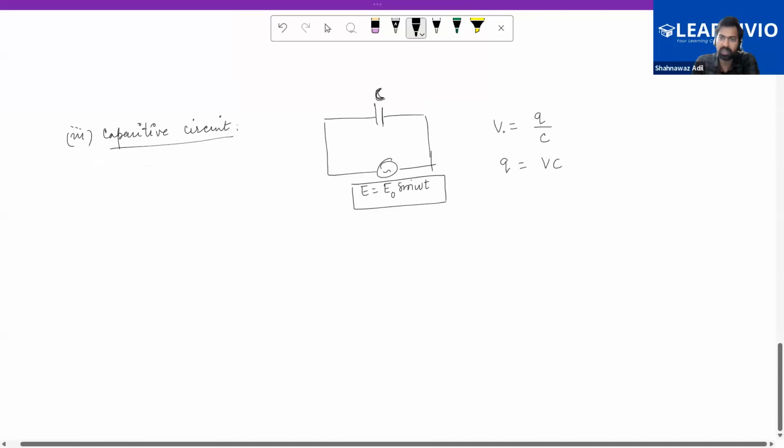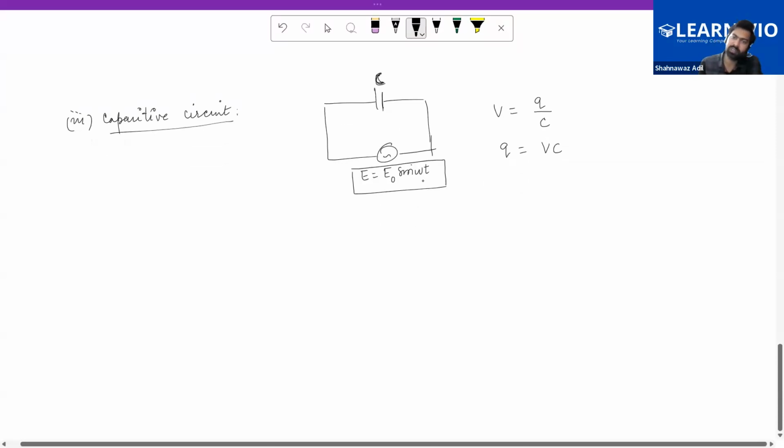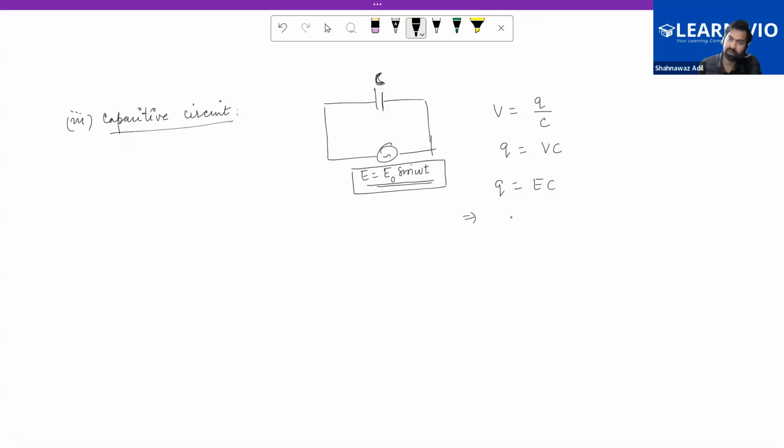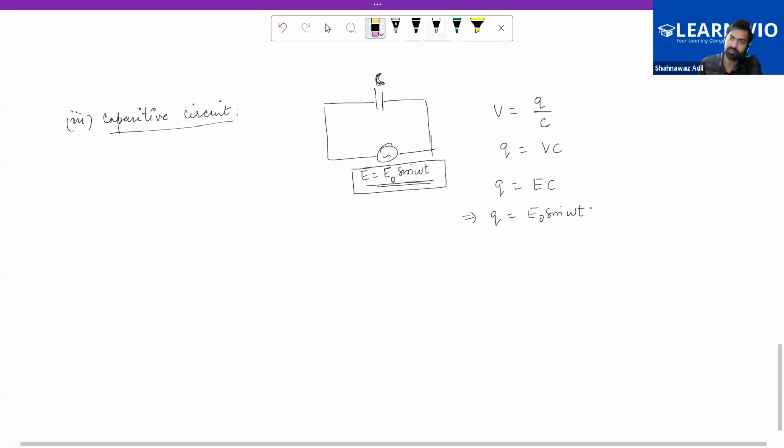So the voltage of the capacitive circuit is Q by C. And now we know the supply voltage that we are getting. So Q is EC, and this Q is E naught sine omega t times C, right? So the constant is this C.